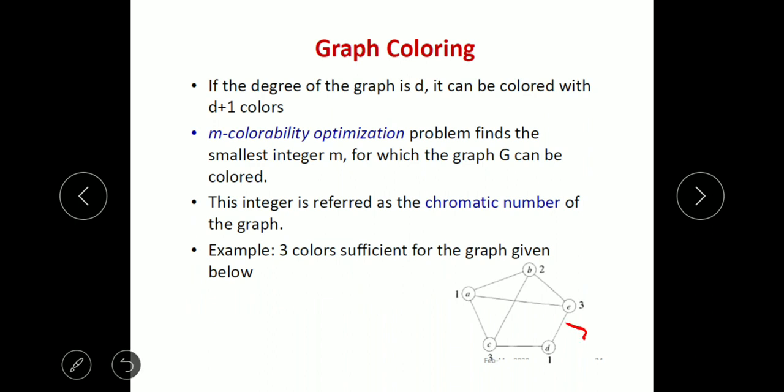You can see this graph has a maximum degree of 5, so it is sufficient to have 3 colors to perform graph coloring for this particular graph.